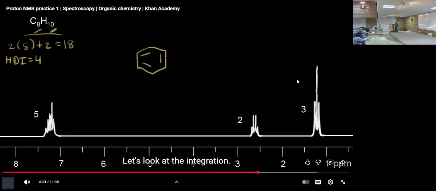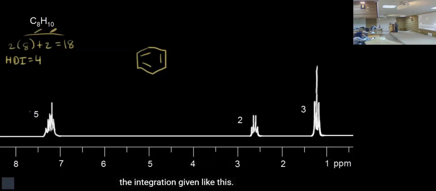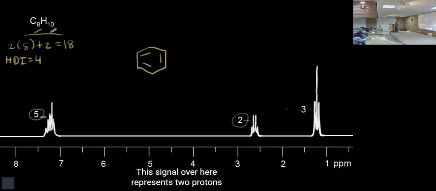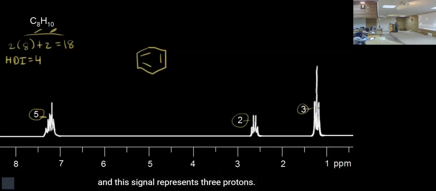Look at the integration. Sometimes you'll see the integration given like this. So this represents 5 protons for this very complex looking signal right here. This signal over here represents 2 protons, and this signal represents 3 protons. So let's go back to these 5 protons with this complex signal. This is in the aromatic range, approximately 6.5 to 8.